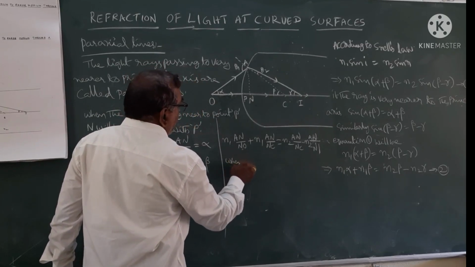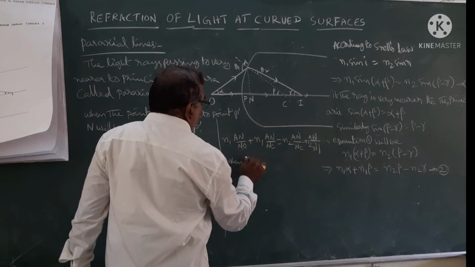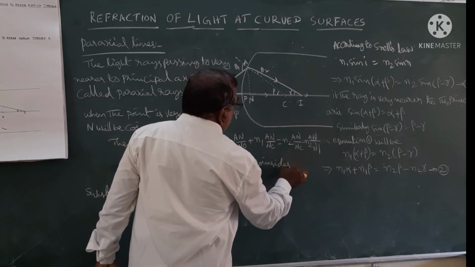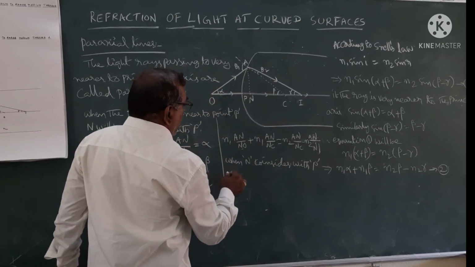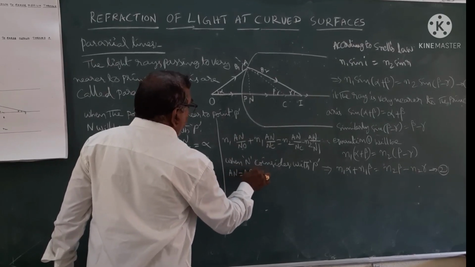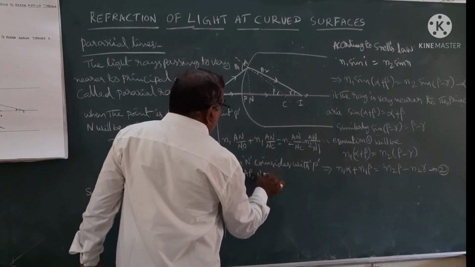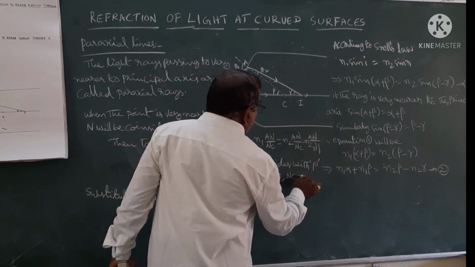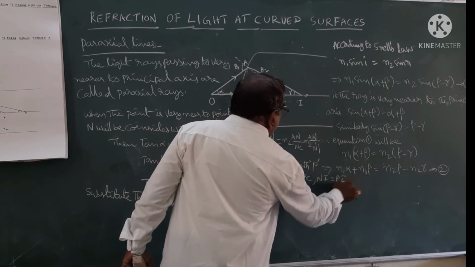When N coincides with P, AN is equal to AP, NO is equal to PO, NC equal to PC, NI equal to PI.